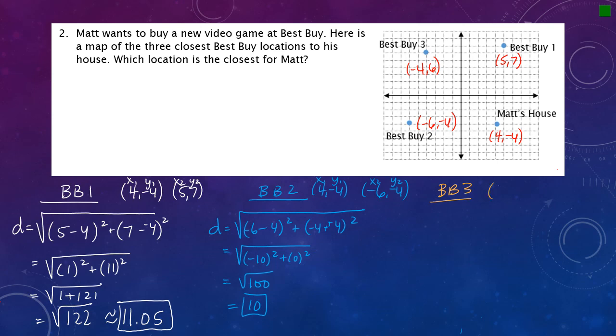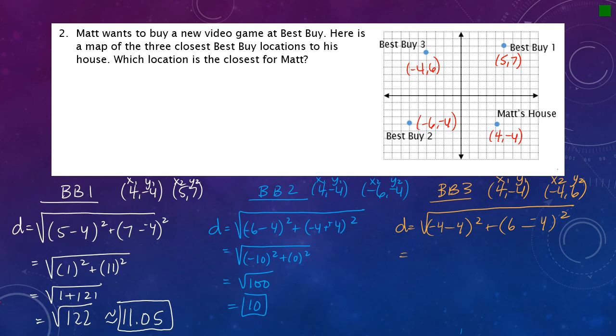So my points are (4, -4) and (-4, 6). So I'll set up my formula. I'm going to label my points x1, y1, x2, y2. All right, so my first set of parentheses would be -4 minus 4. My second set of parentheses would be 6 minus -4.